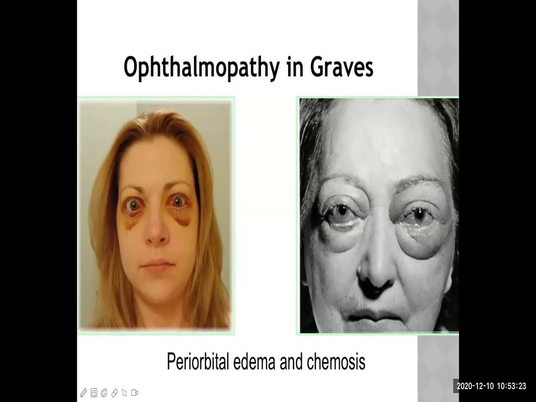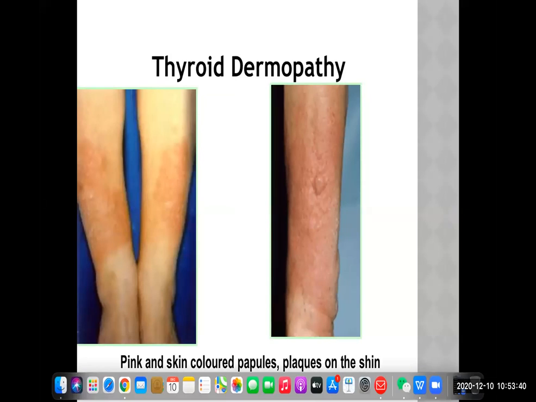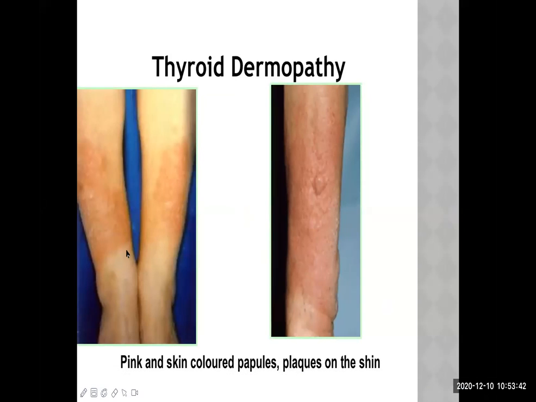Now, one important point, this particular condition can be confused with hypothyroidism also. A hypothyroid female also presents like this, but hypothyroidism has so many other clinical features and we can easily diagnose it. This is known as thyroid dermopathy or pretibial infiltration or pretibial myxedema.